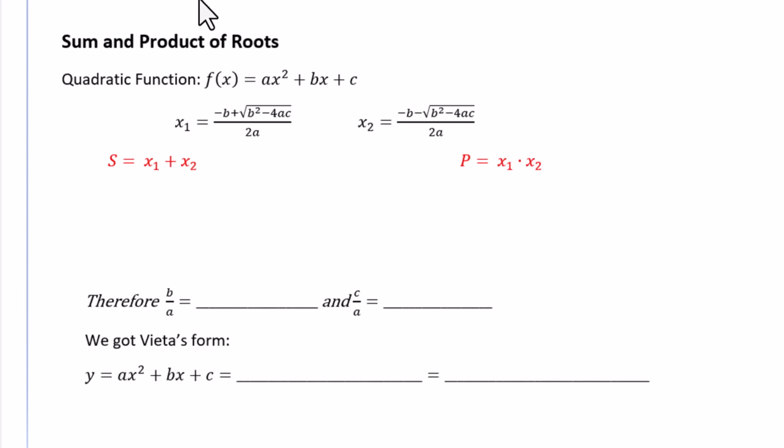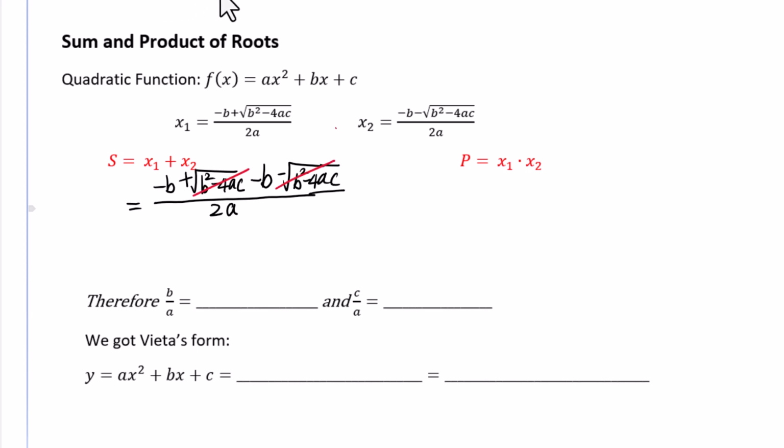Sum of x1 and x2 equals, same denominator, 2a: negative b plus square root b squared minus 4ac, minus b minus square root b squared minus 4ac.